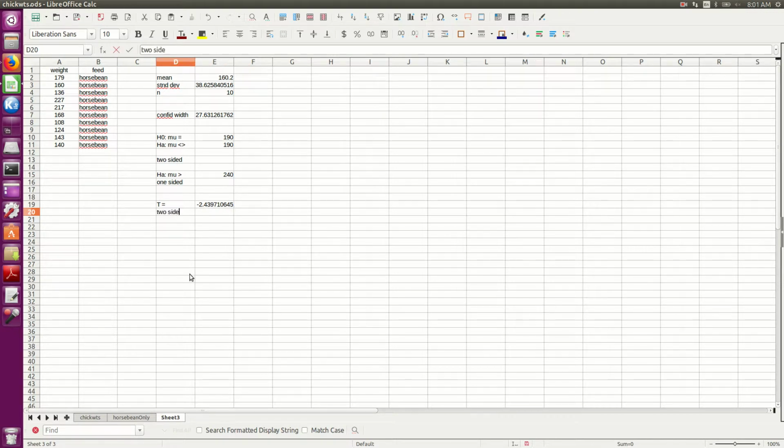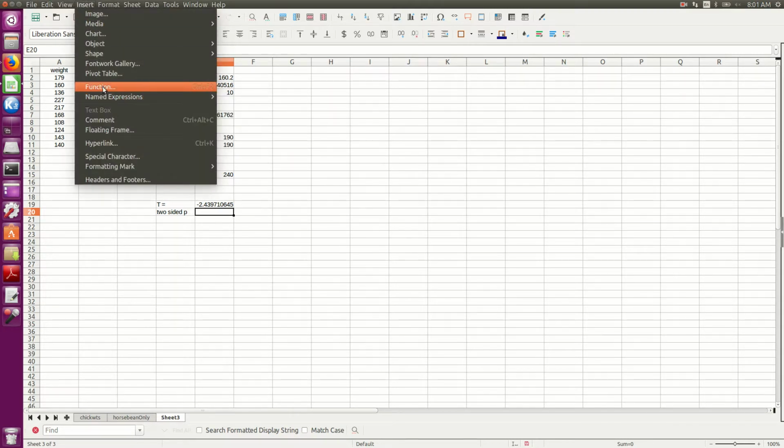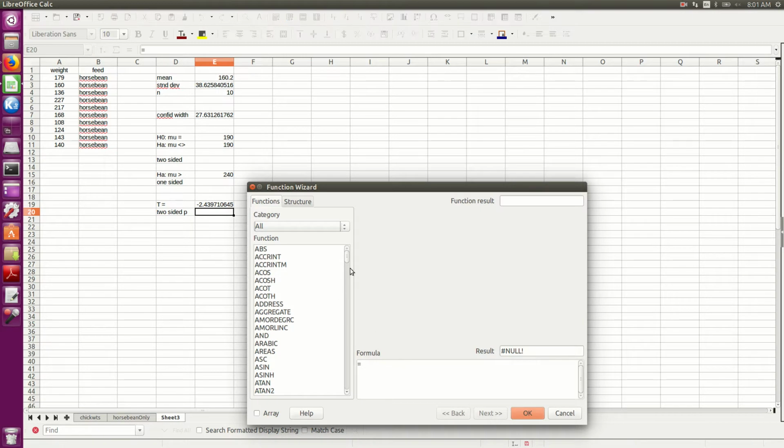And so then to get our two-sided p-value, here I need to insert a t variable. So down here I need to come down and find the t distribution. So there's T.DIST and there's T.DIST somewhere, I think. Well, I could be wrong. Let's see. There it is. T.DIST. So either one will work.